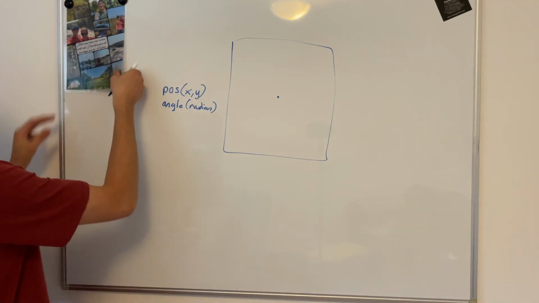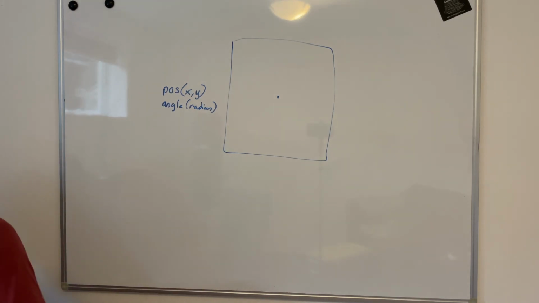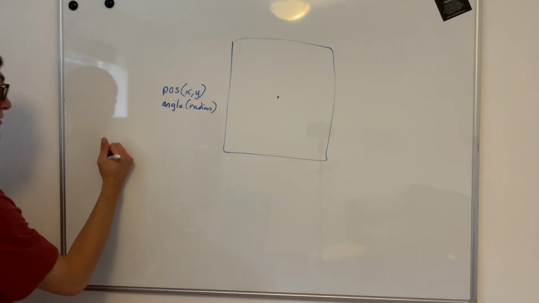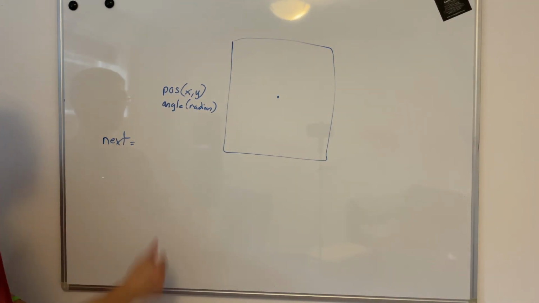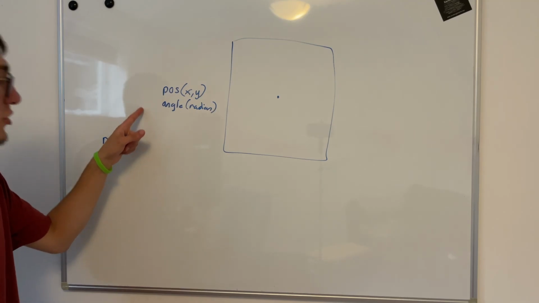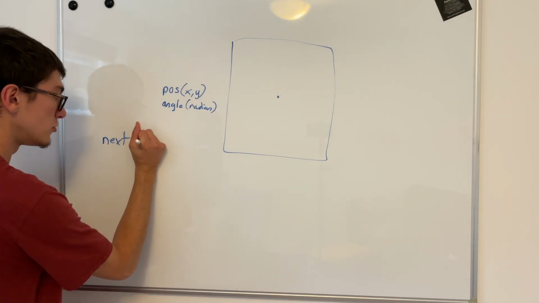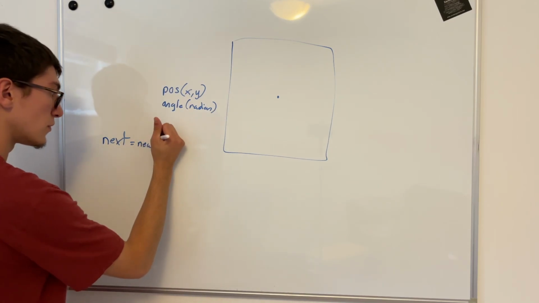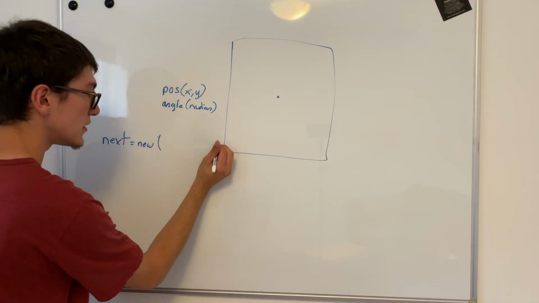Let me remove this. All right. So its next branch, let me make sure you can see. Yep. Okay. So its next branch will be equal to a new branch, and we're going to pass it a new position and a new angle.